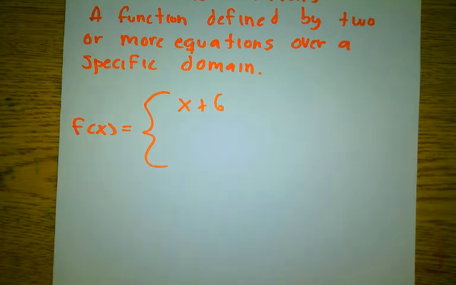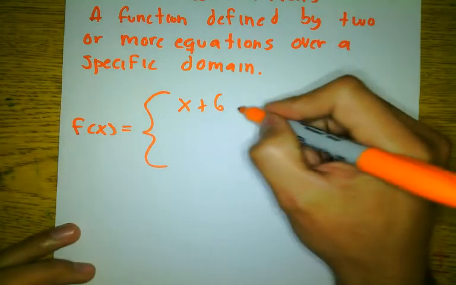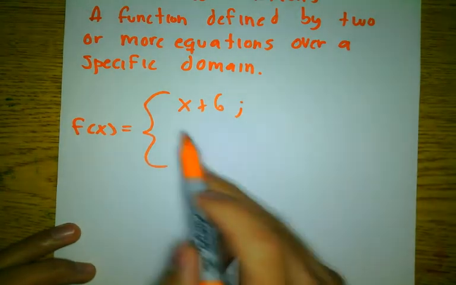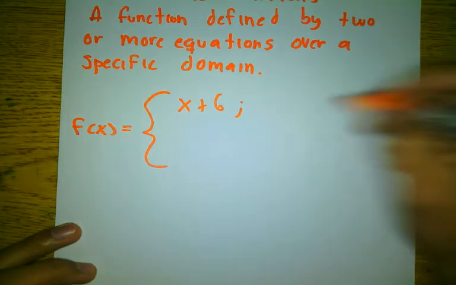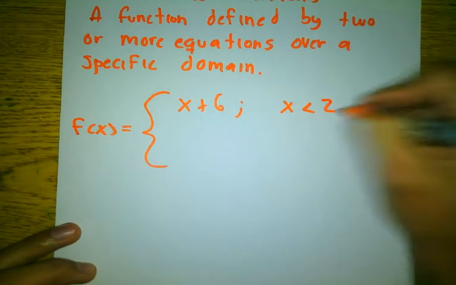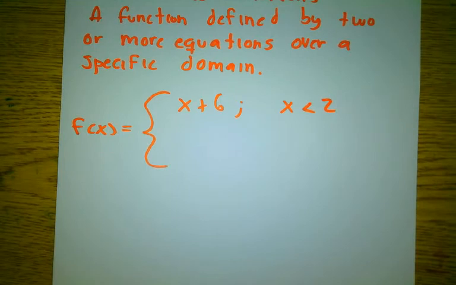So I have to tell you when it's defined, and the way that I tell you is I'm going to put a semicolon. So this means x plus 6 such that x is less than 2. What I am telling you right now is that when I graph, which I am going to ask you to do, the only part of the graph that I will be graphing is when the values are less than 2. Fair enough?